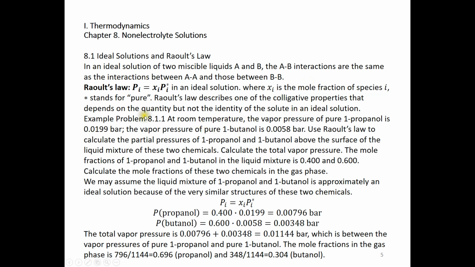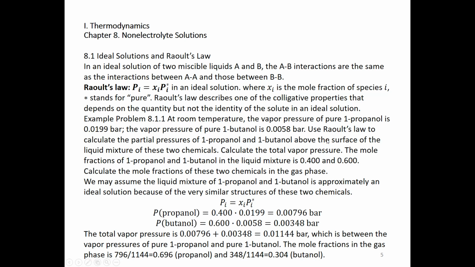Now let's look at one numerical example, problem 8.1.1. At room temperature, the vapor pressure of pure 1-propanol is 0.0199 bars. The vapor pressure of pure 1-butanol is 0.0058 bars.